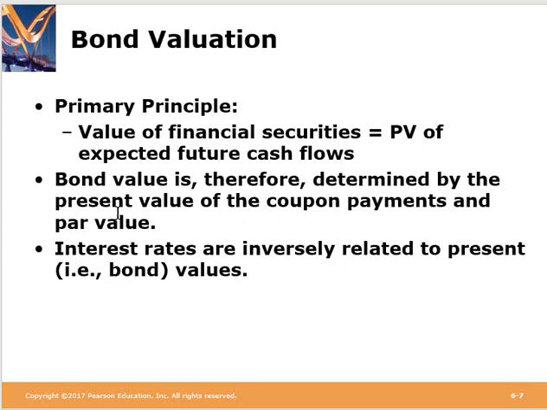So we need to find the present value of the coupon payments and the present value of that par value somewhere out in the future. Now, what we will find mathematically is that interest rates are inversely related to the value. So if interest rates are rising, bond values are falling.